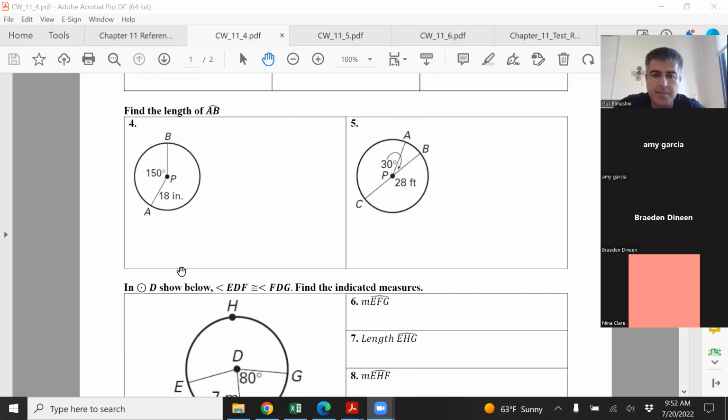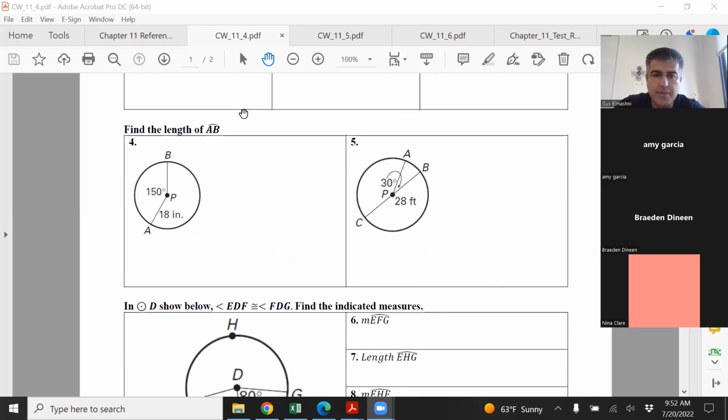Now let's talk about arc length. So you have to find the measure of arc AB. If you think about it, you have 150 degrees for the central angle, meaning the arc is also 150. The whole circle is 360 degrees. So you need to figure out what fraction is shaded, and you multiply it to the circumference.